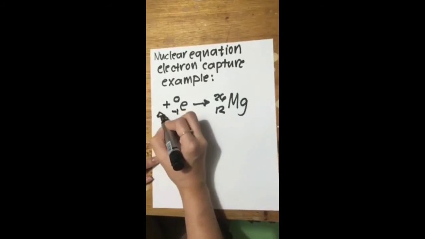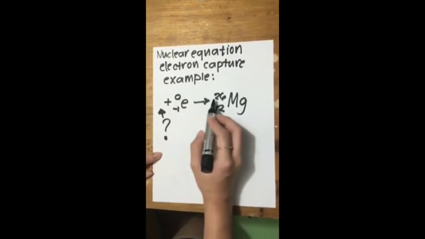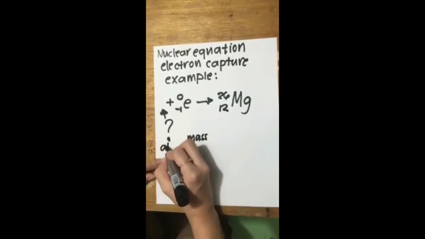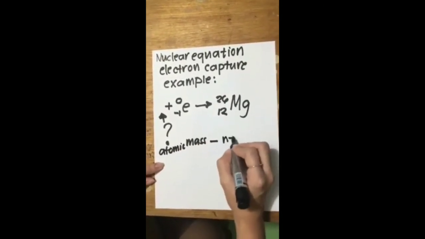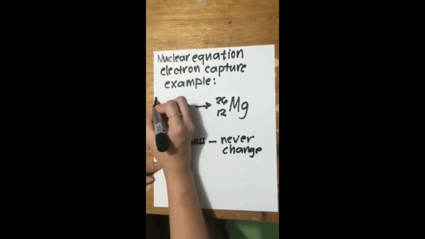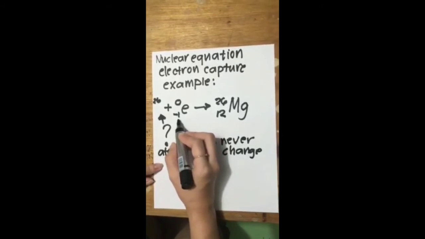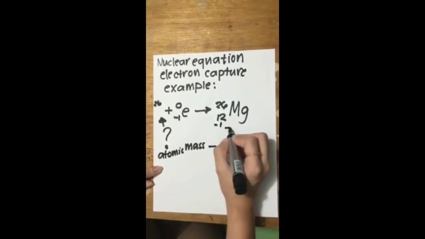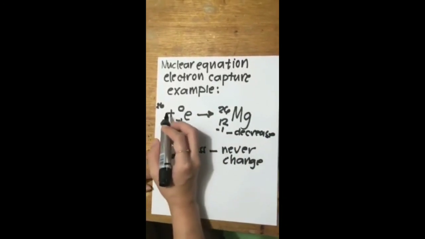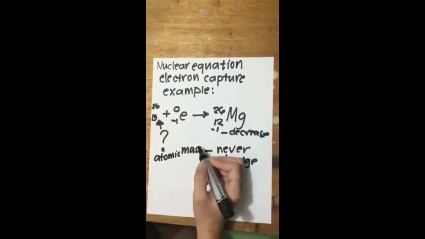In order to find the original element, we have to subtract the atomic mass, and since the atomic mass never changes, let's subtract the atomic number, and the answer will be 13.